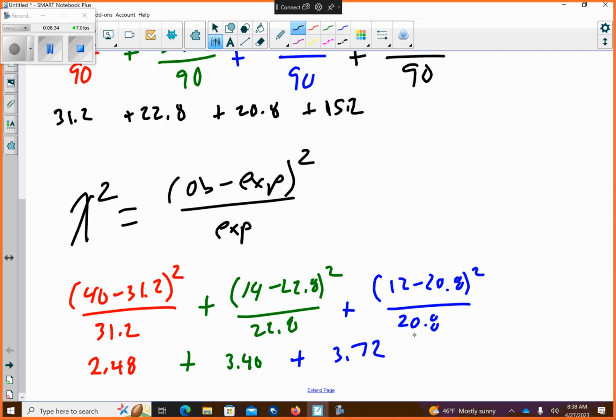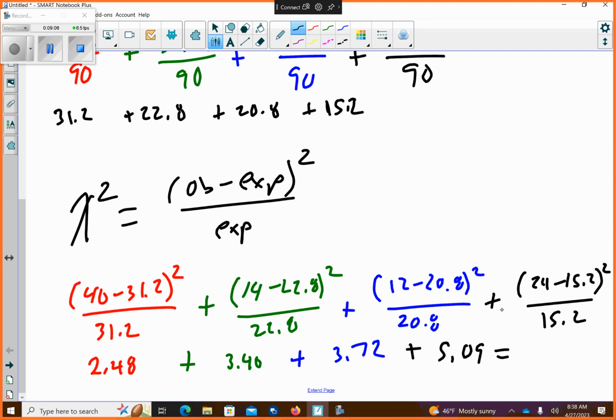And then the black one, we have 24 minus 15.2 quantity squared over the 15.2. All right, so 24 minus 15.2, square that answer, divided by 15.2. So 5.09.